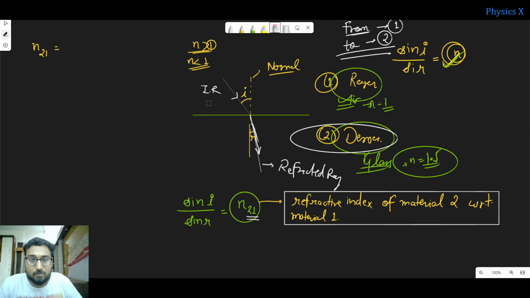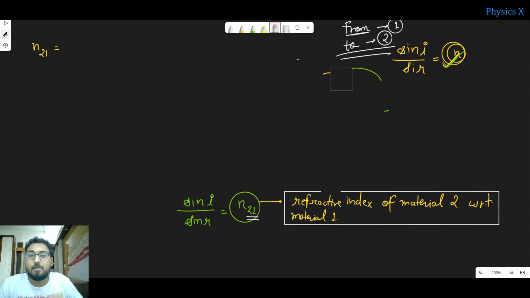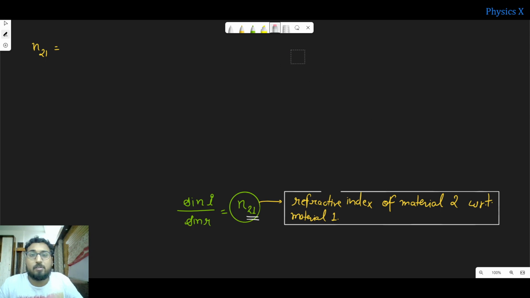Let me draw this. Let me take the whole space of the board. So this I will write on the side, because light is traveling from, I take it as the first medium, and traveling to the second medium, 2.